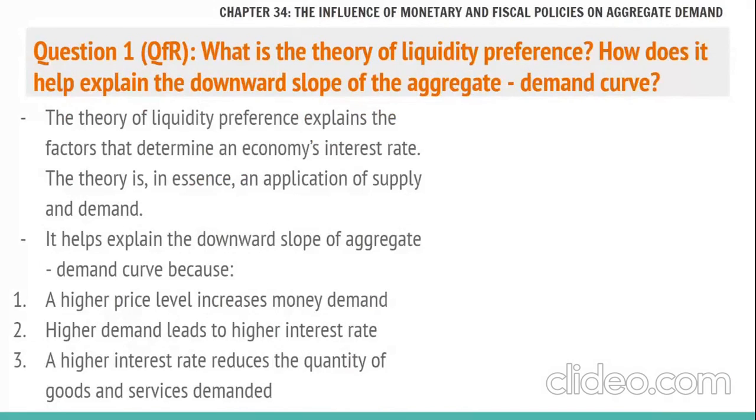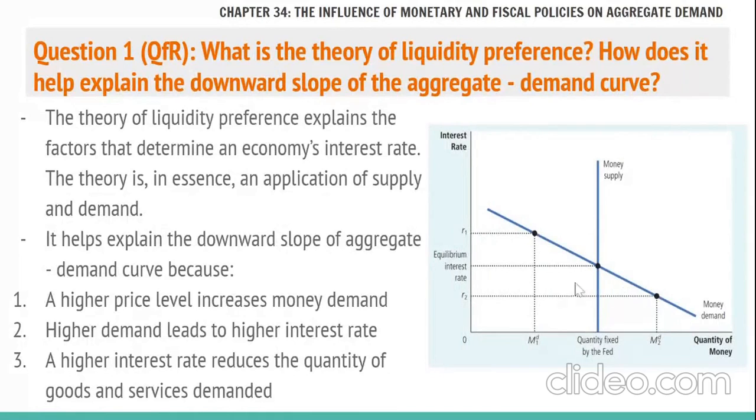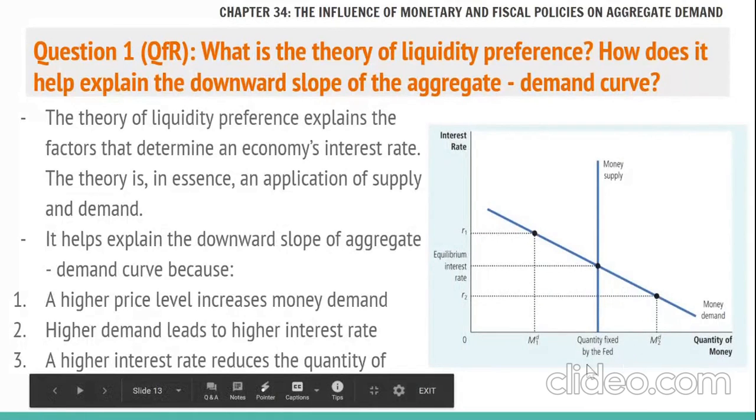It helps explain the downward slope of the aggregate demand curve because, number one, a higher price level increases money demand, as we discussed in the previous chapter. Two, higher money demand leads to higher interest rates, as you can see here in the graph.